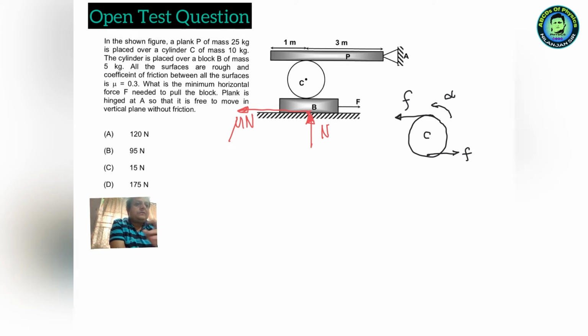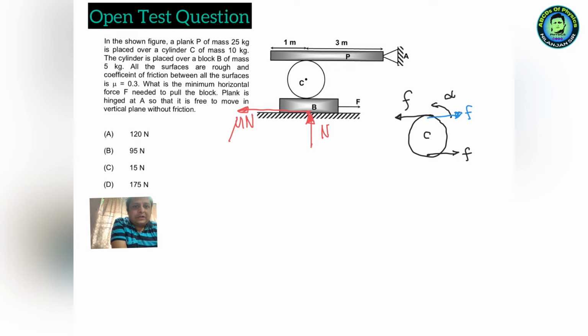Now, we do not want any angular acceleration alpha. So if you do not want this alpha to happen, that means friction has to act this way. Now again, if friction on the top surface is to the right, alpha is 0.